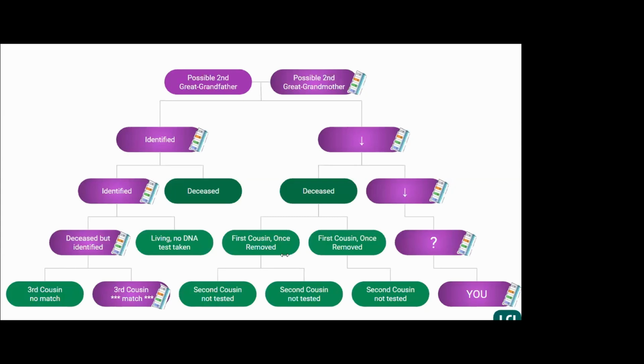Now, you won't have identified them immediately, but basically by creating the family tree down from those possible second great-grandparents, you will have included them in that tree by building their tree down to that level. And that gets you incredibly close to solving that question, who was my unknown biological father?